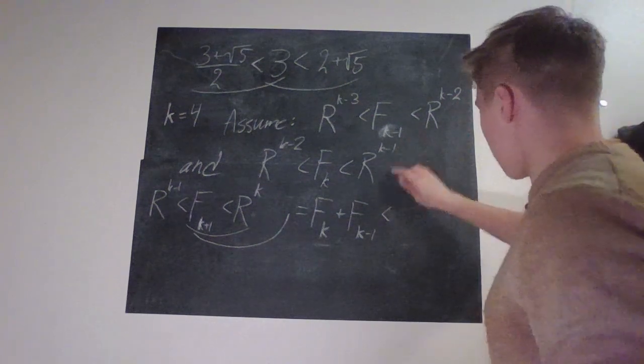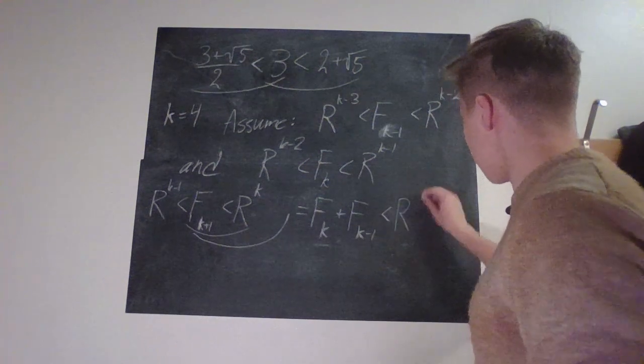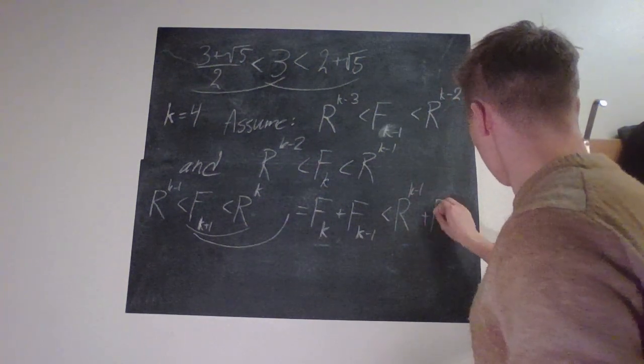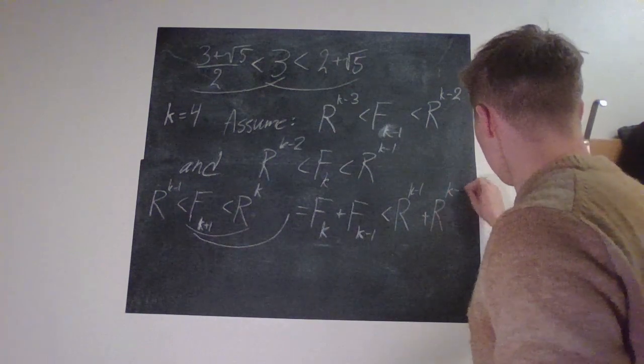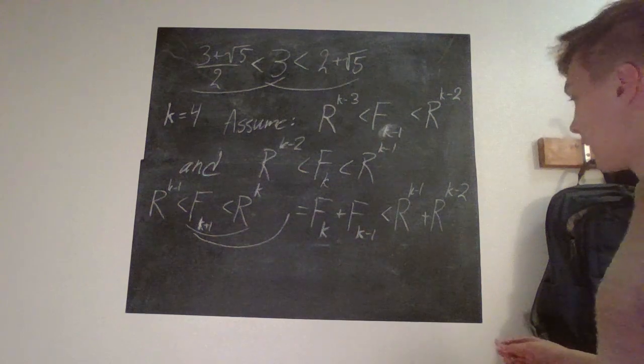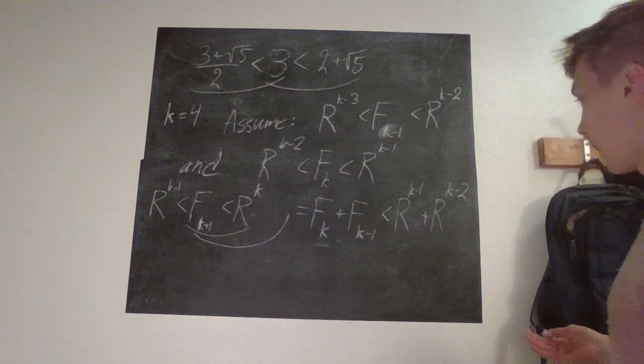So we can just sum these up and say that it's less than r to the power of k minus 1 plus r to the power of k minus 2, right? And now what do we do then?